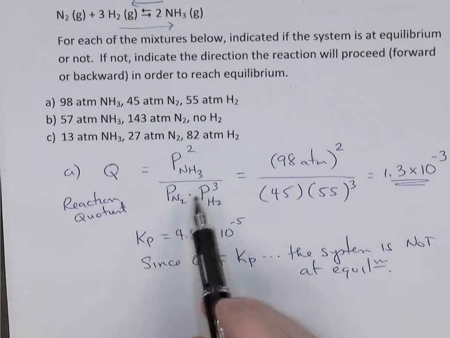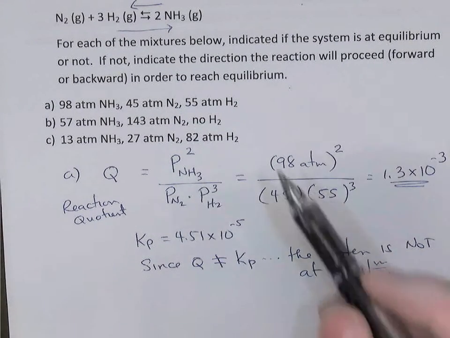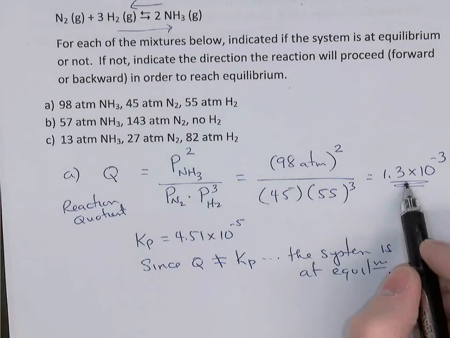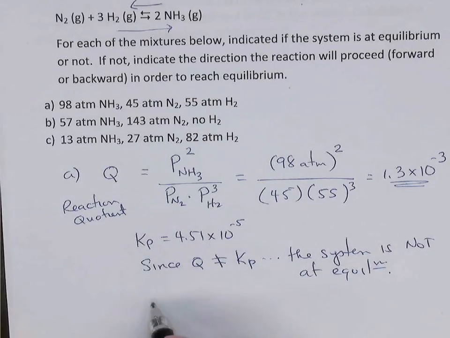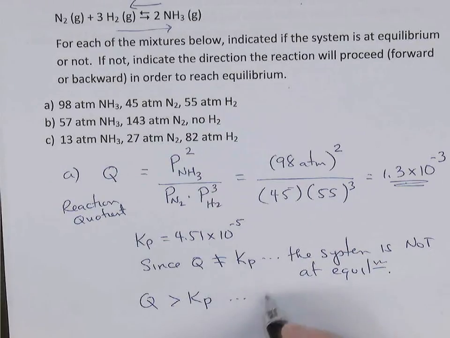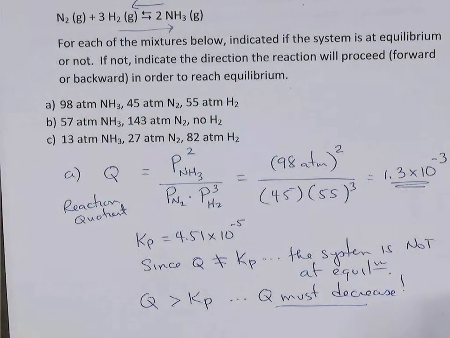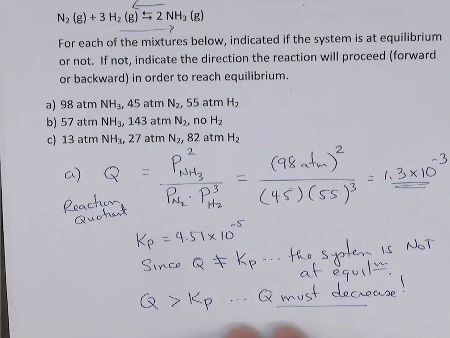Well, when you look at the expression here, we realize that our value of Q is larger than Kp. So Q is larger than Kp in this question. Therefore, Q must decrease. Okay, the equilibrium constant is constant at a given temperature, so it's not going to change, but Q can change as the reaction shifts.